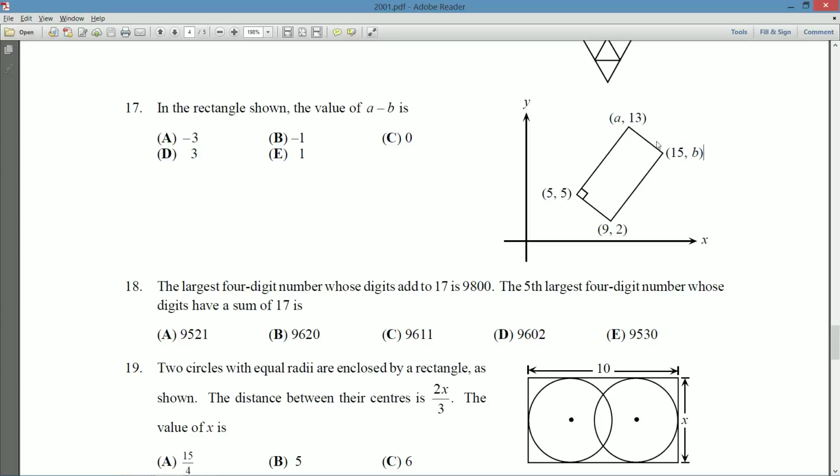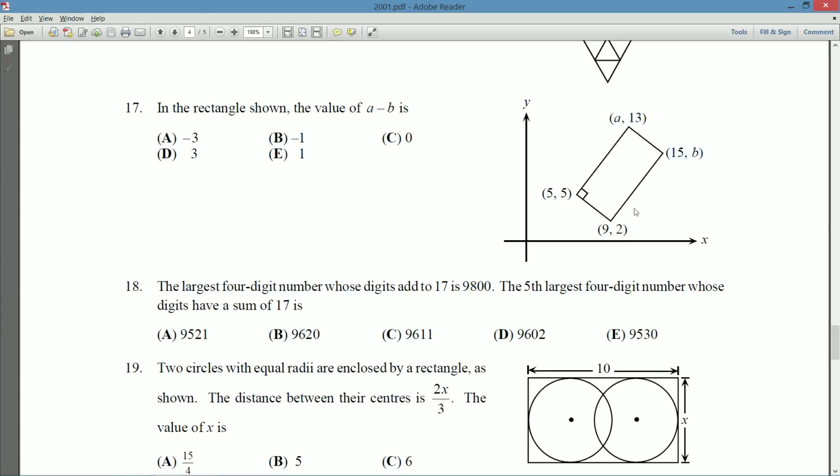So there's a couple ways you can approach this question. I would say one that a lot of people will try is, we have the coordinates (5, 5) and (9, 2) here, so we can completely determine the equation of the line between them, and we're told it's a rectangle. So once we know the slope between (5, 5) and (9, 2), we want the slope of the perpendicular lines, the ones that end in (a, 13) and end in (15, b).